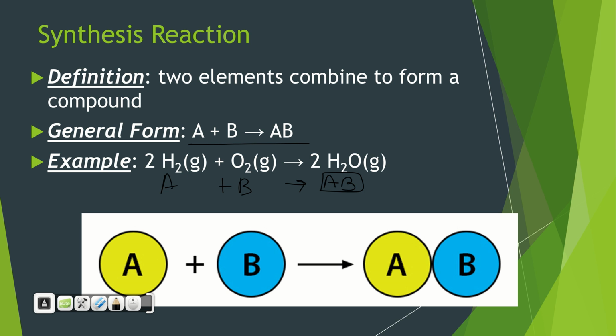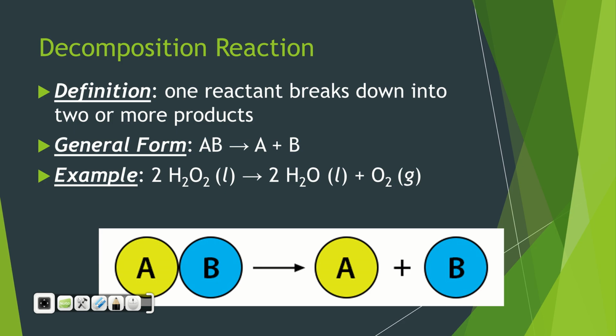You could technically have a compound and then another element, and then it just forms a larger compound. That would be synthesis as well. Okay, so when you have 2 reactants but only one product, that is a synthesis, definitely. The opposite of synthesis is decomposition.